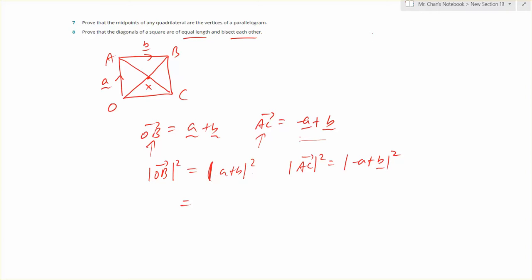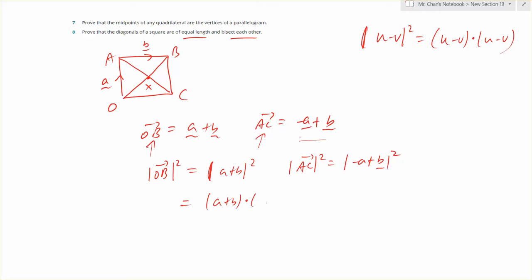So one of the vector properties I'm using is that if I have the magnitude of u minus v squared, say, that can be written as u minus v dot u minus v. So I can apply the same principle here.